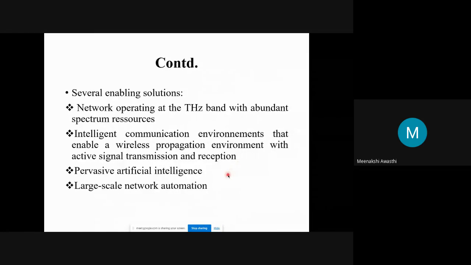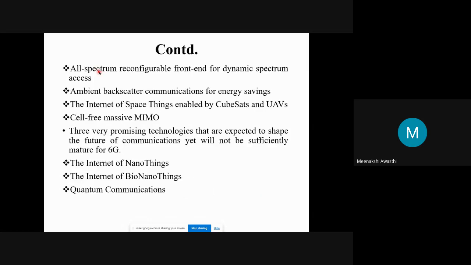Pervasive artificial intelligence: pervasive AI is also to be explored in the 6G evolution. Large scale network automation is also a need of 6G communication. You need a large scale of network automation. Then, all spectrum reconfigurable front end for dynamic spectrum access.